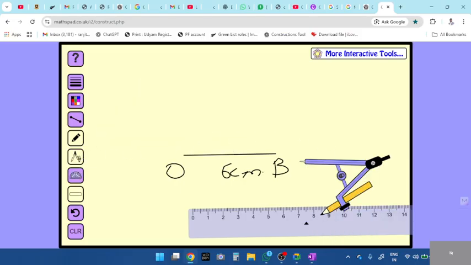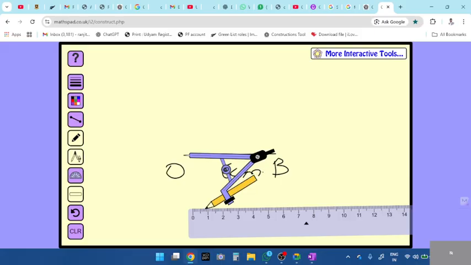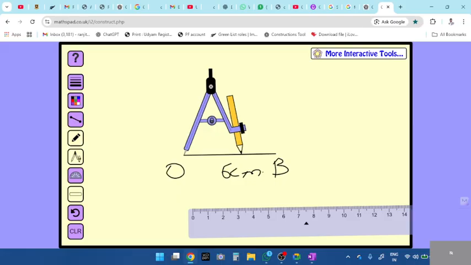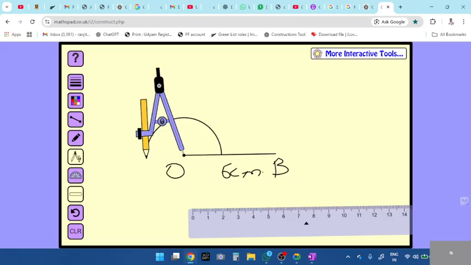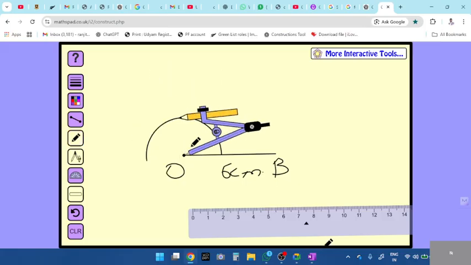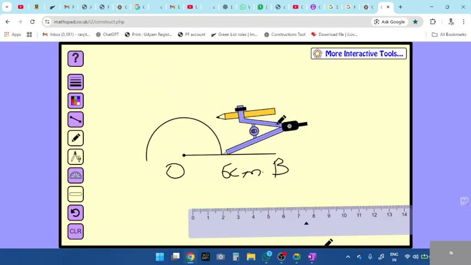Then construct 60 degrees. 60 degrees lies between 0 and 90. Sorry, one arc. For 60 degrees, just one arc is enough. Like this, you have to cut only one single arc.